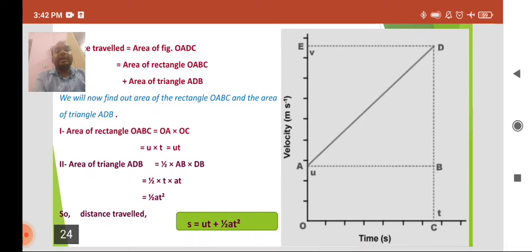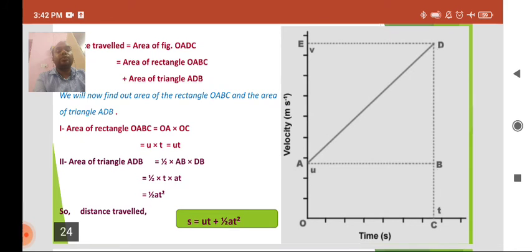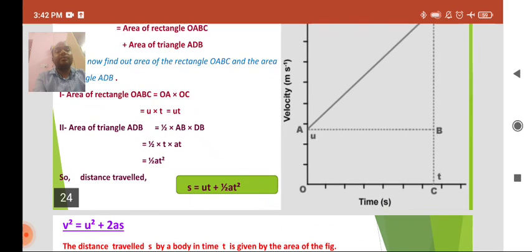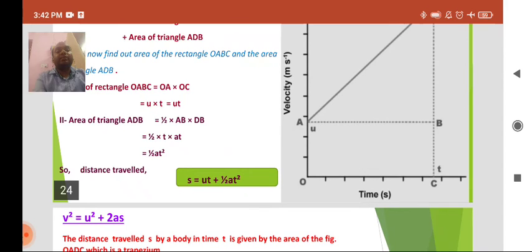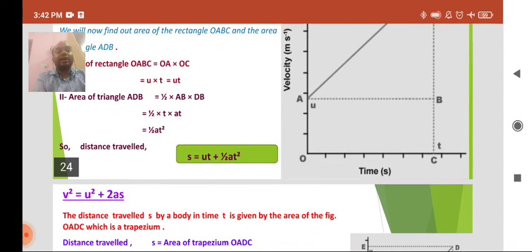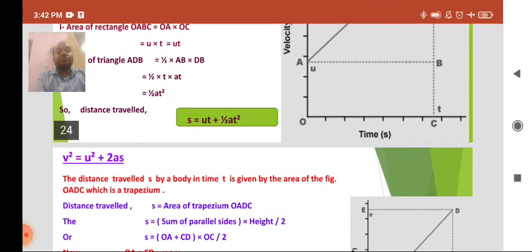The area of the rectangle OABC equals OA into OC, equal to u into t, which is ut. The area of the triangle ADB equals half AB into DB, so 1 by 2 t into at, which gives 1 by 2 at square. So the distance travelled is s equals ut plus half at square.